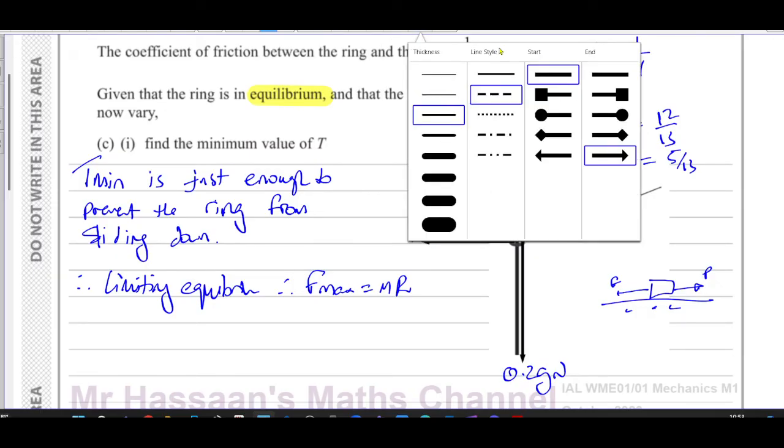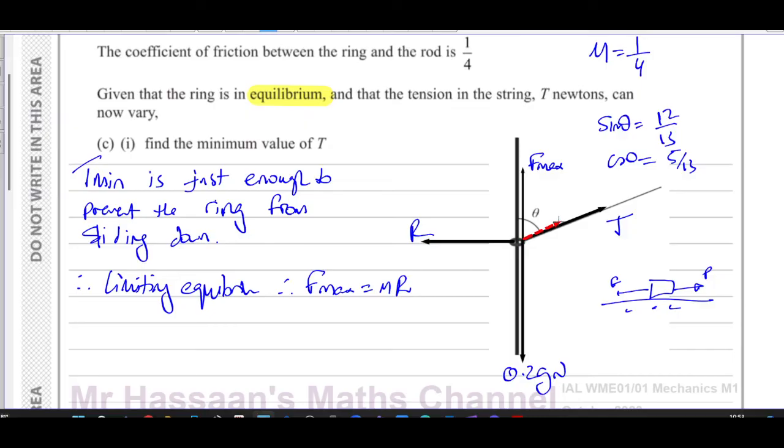That's what they're going to be doing together. So the component of the tension in this direction, let me just move this F max to this side so it's clearer, plus the friction, is going to be T times cosine theta. T times cosine theta plus the friction has to match this.